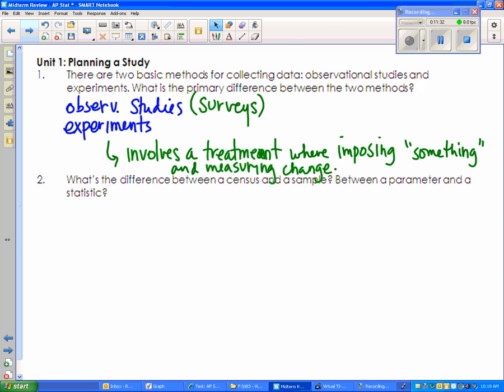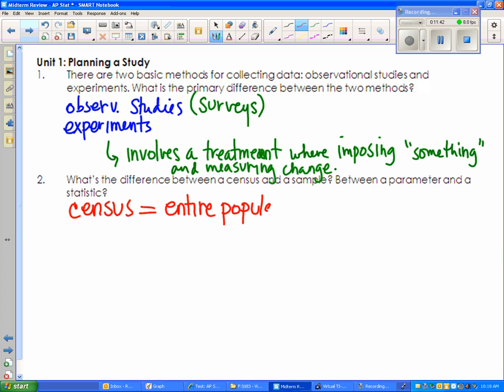In number 2, it says, what's the difference between a census and a sample? Remember, the census involves everyone. And a sample basically just involves a subset of the population.